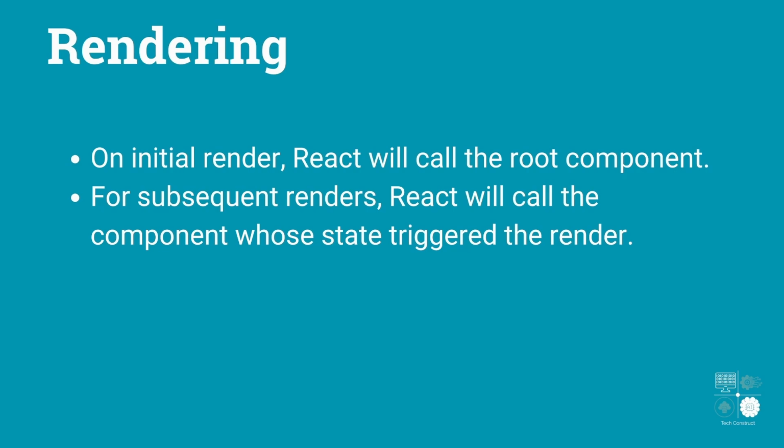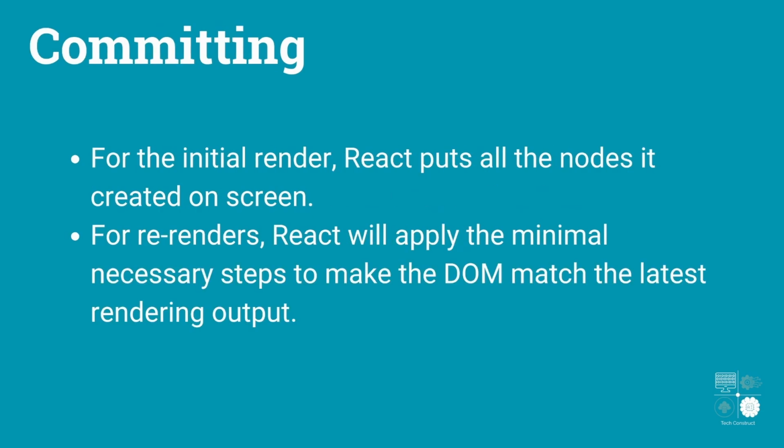Something to note here is that rendering must always be a pure calculation. Else you run into some confusing bugs and some unpredictable behaviors once the code grows in complexity. Strict mode helps a lot with this. In our final step, React commits changes to the DOM. After rendering or calling our components, React will modify the DOM.